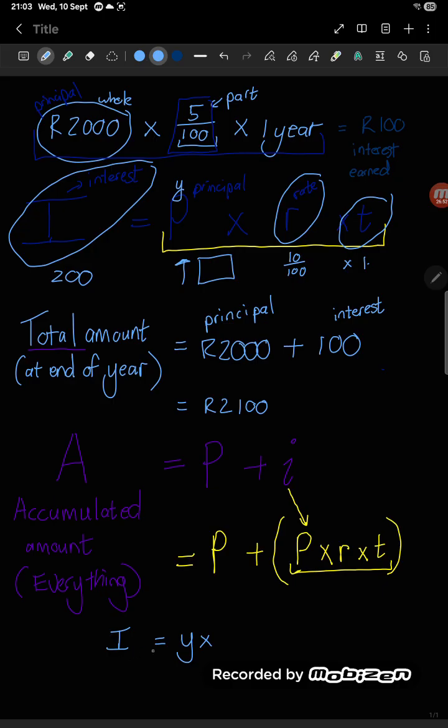Well, I can say interest is equal to y. This is my variable from algebra. I can put an x in as well. Times my rate times my time. But I know the stuff because they've given it to me. 200 is equal to y times 0,1 or 10 over 100 times 1. If I times 1, it's not going to change anything.